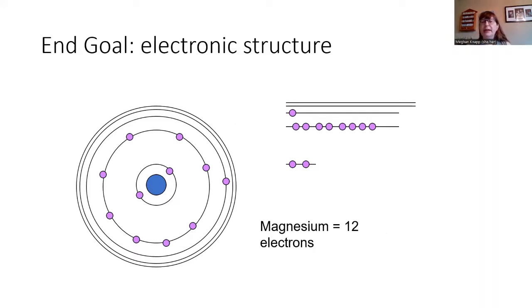And similarly, if I look at the next element, element 12, magnesium has 12 electrons, 2 valence, and so magnesium having two valence electrons is going to have very similar properties to other elements like beryllium that also have two valence electrons.